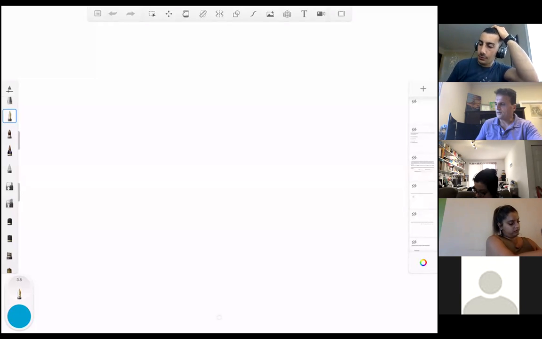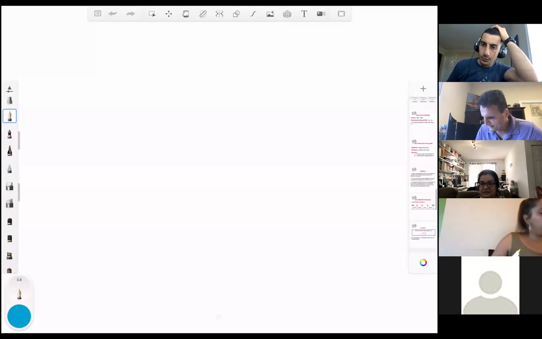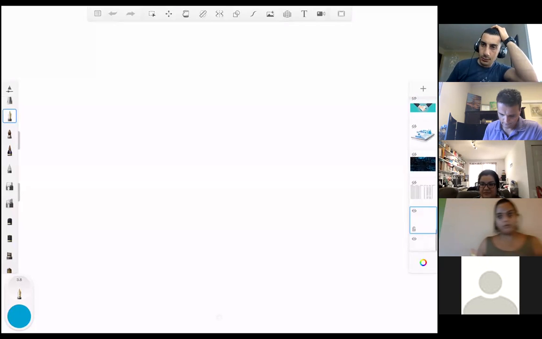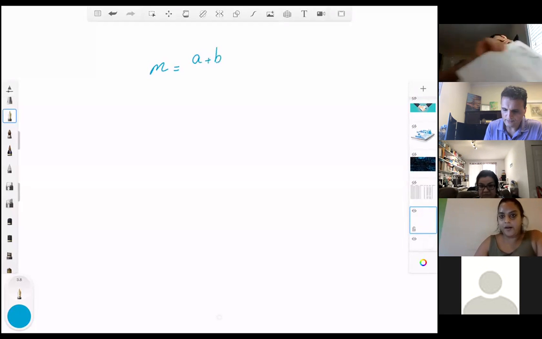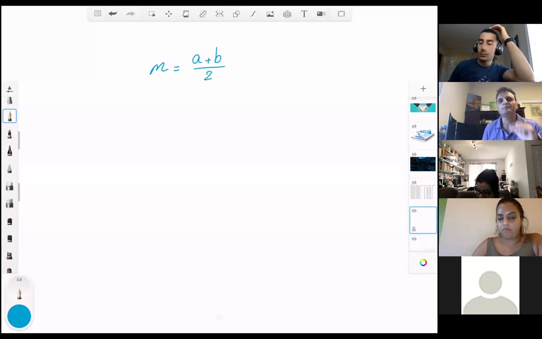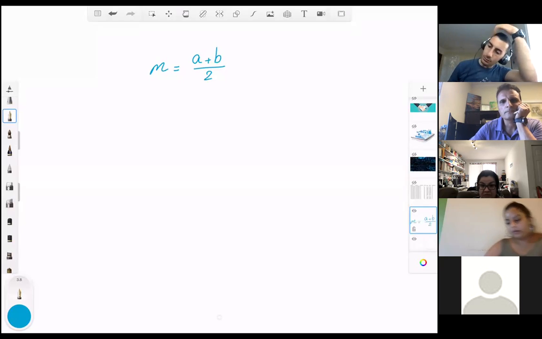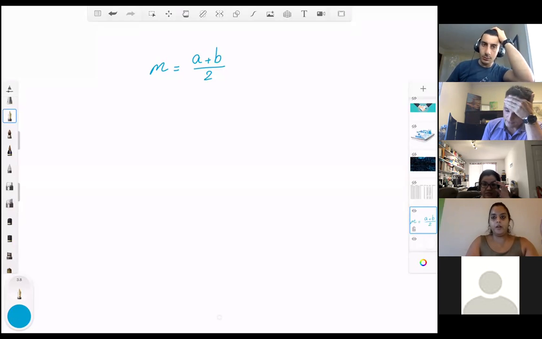So the algebra part, let's say we have a formula, which is m equal to (a plus b) over 2. This is actually the midpoint formula.